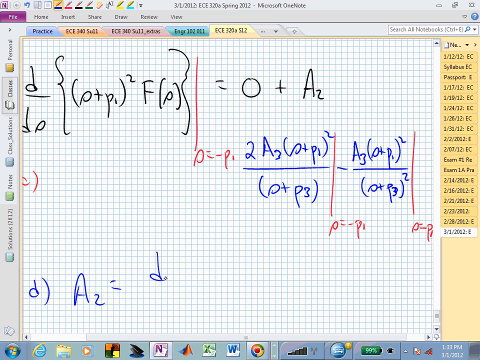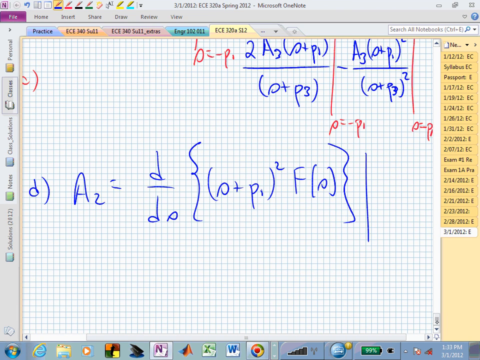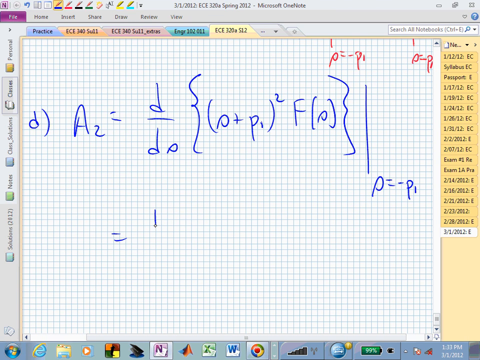So that says then that in this fourth step, we have a sub 2 is equal to the derivative with respect to s of s plus p1 squared f of s, and we will evaluate that at s equal minus p1, but that's not quite as ugly maybe as it appears, because that s plus p1 squared eliminates that term in the denominator of the f of s.